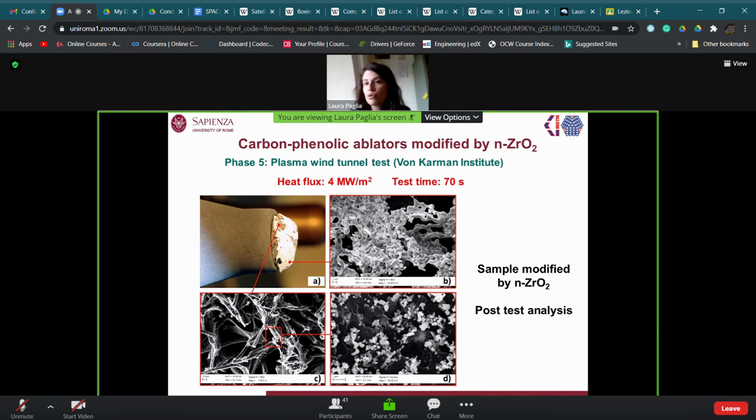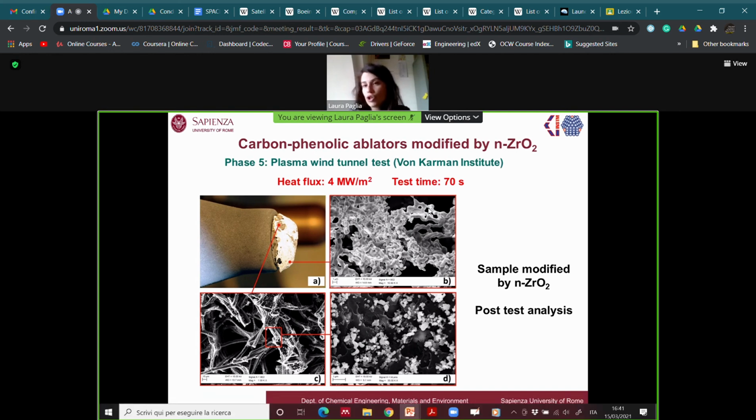In literature, we have a lot of research on ablative materials enriched with nanoparticles, even if there aren't ablative materials at a higher development phase with nanoparticles, while our material is at a good point, also because we can control quite well the distribution of the nanoparticles inside the material.